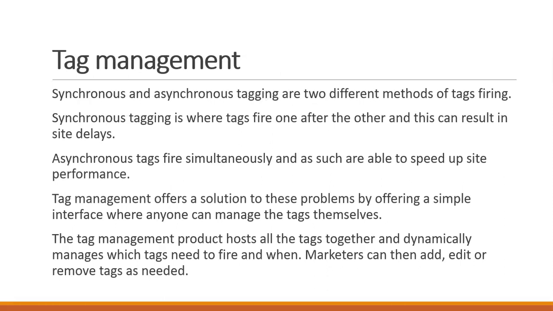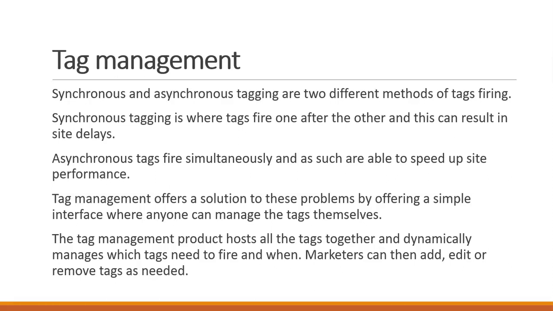And tag management. So there are two different kinds of tag, synchronous tags and asynchronous tags. So synchronous tagging is where one tag works at a time. So these are the tags that are written in the back end of our code that keep track of where people came from, which pay-per-click you clicked through, which ad you clicked through.